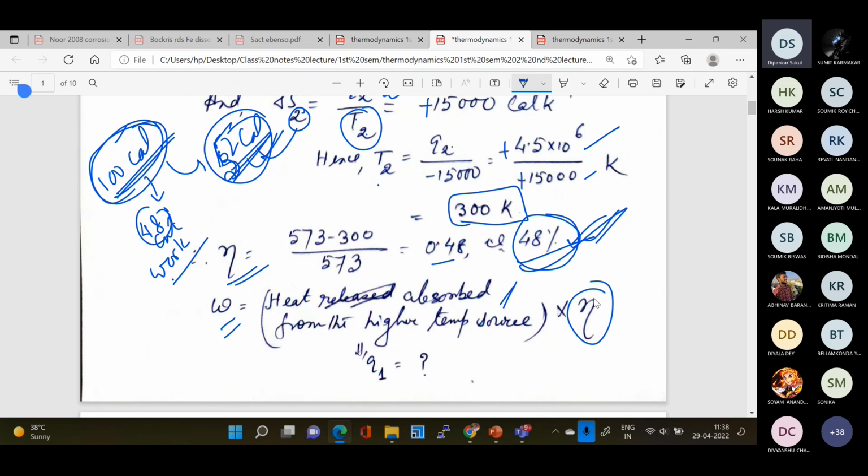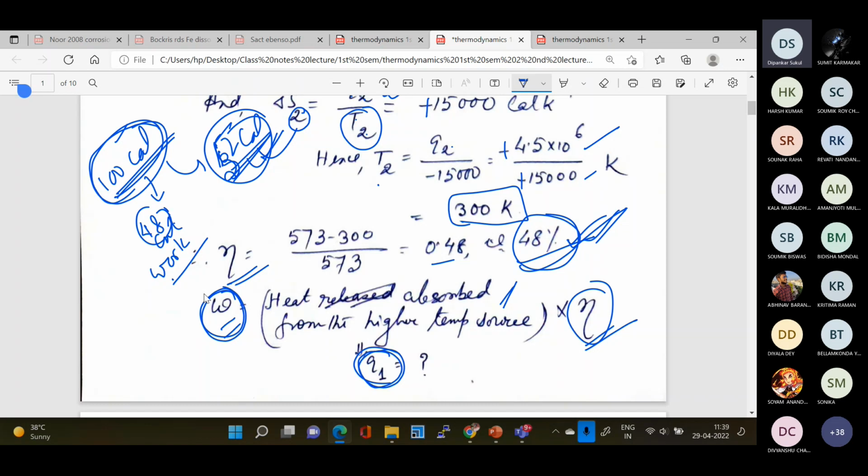If you multiply it by the efficiency, that is the work done. That means we have to determine Q1. If you don't determine Q1, the amount of heat the system is absorbing from the higher temperature source, you cannot determine the amount of work.